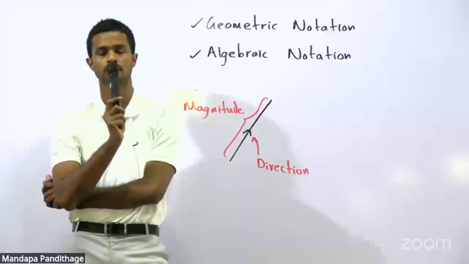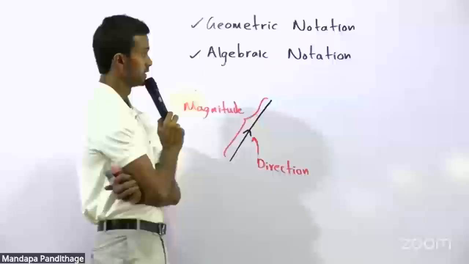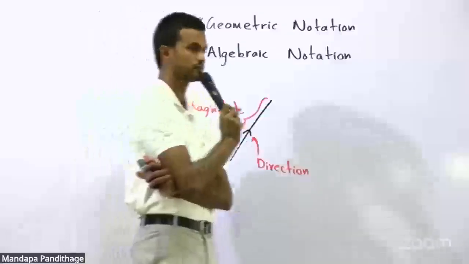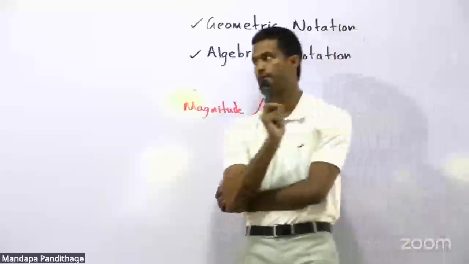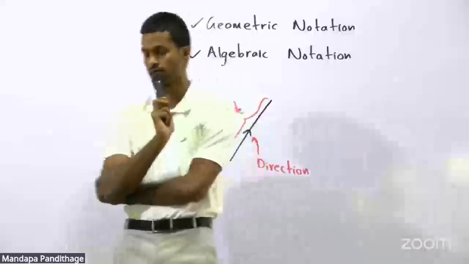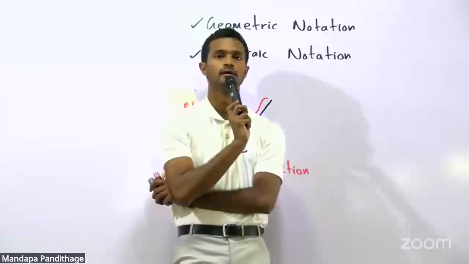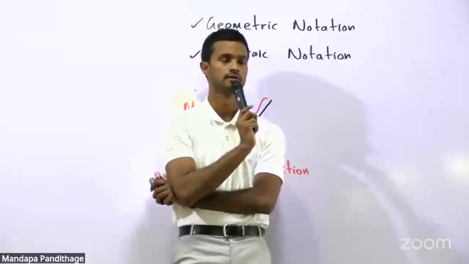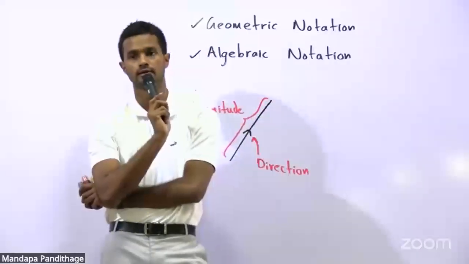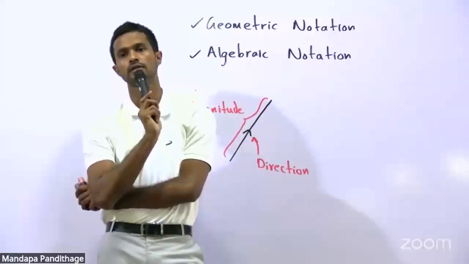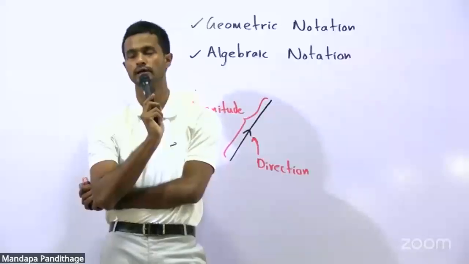Then under that, write it this way: a vector is denoted by a line segment with a single arrowhead.